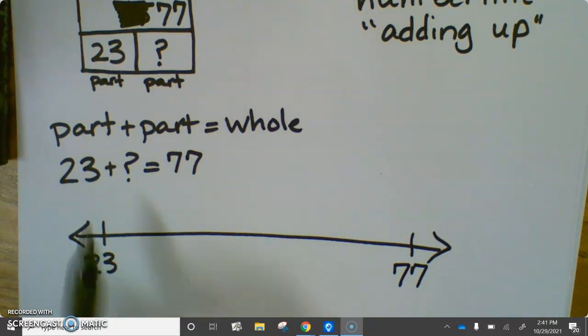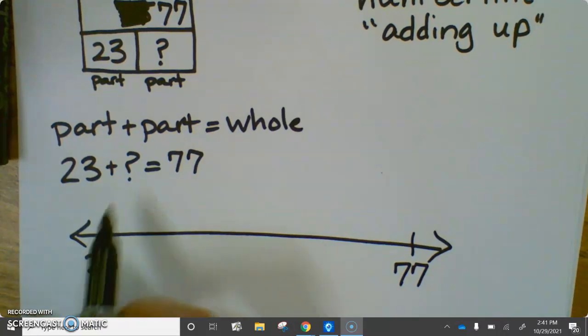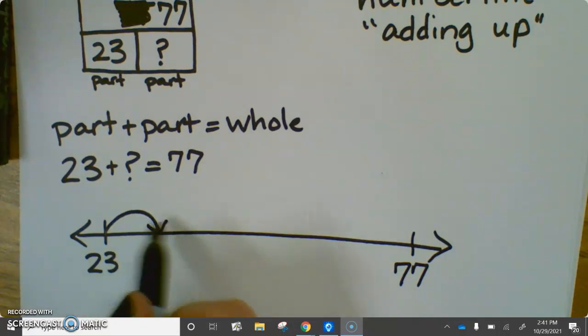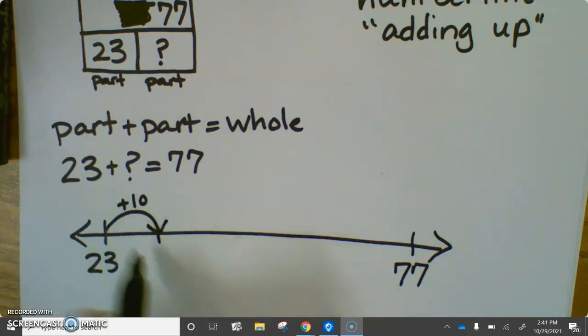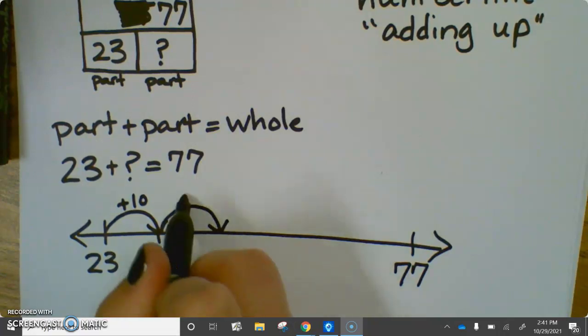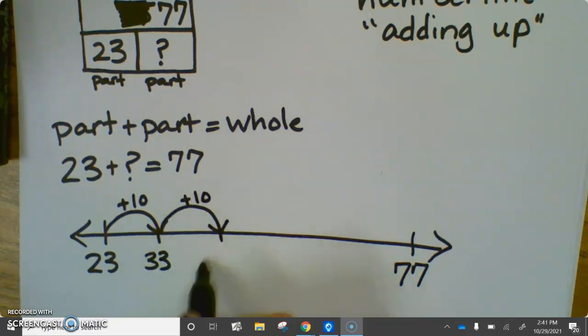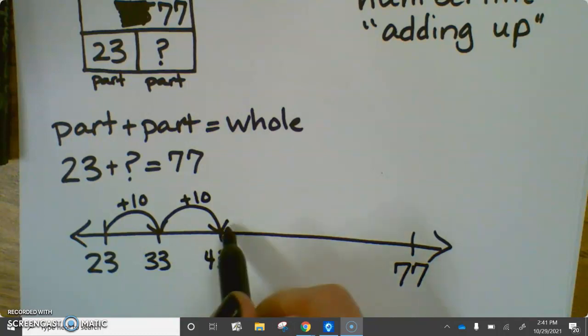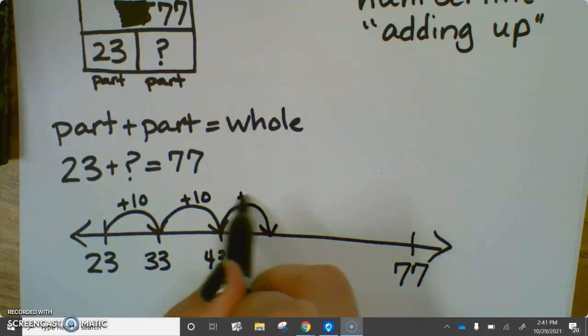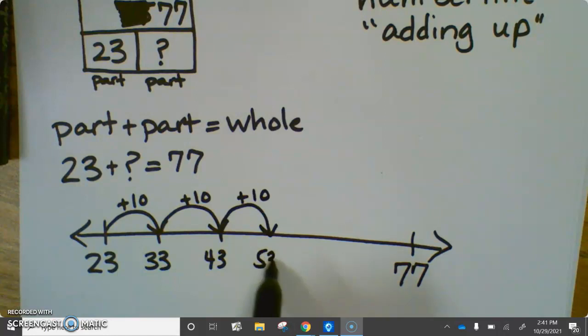Okay, so you can start by adding ones first and then tens, or you can start by adding tens first and then ones. We're going to start by adding tens first in this example. So 23 plus 10 gets us to 33. 33 plus 10 gets us to 43. 43 plus 10 gets us to 53.